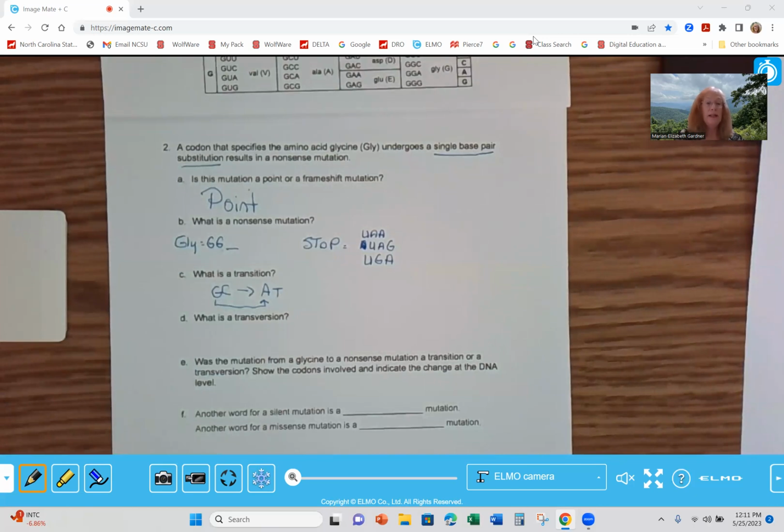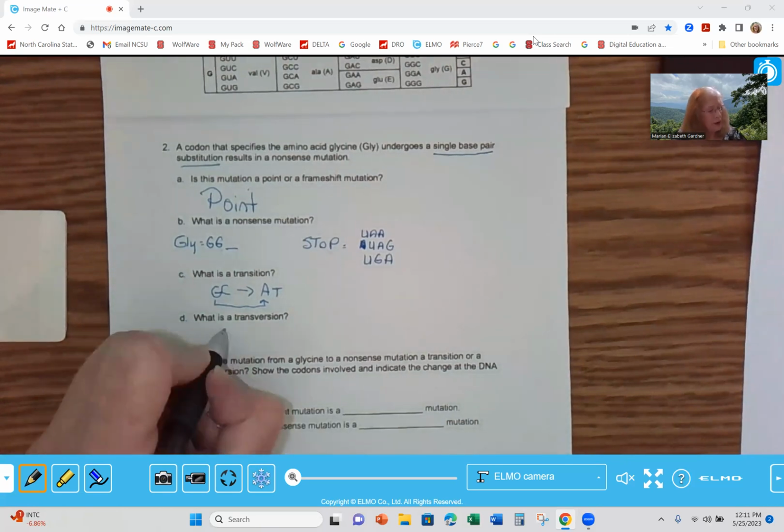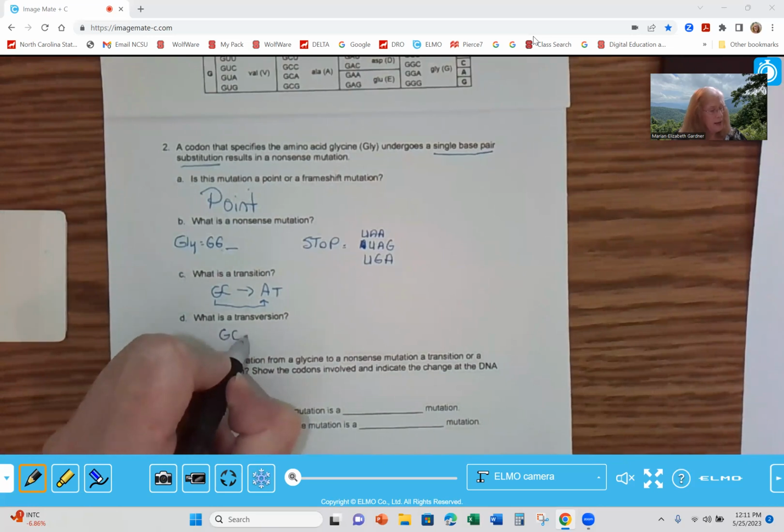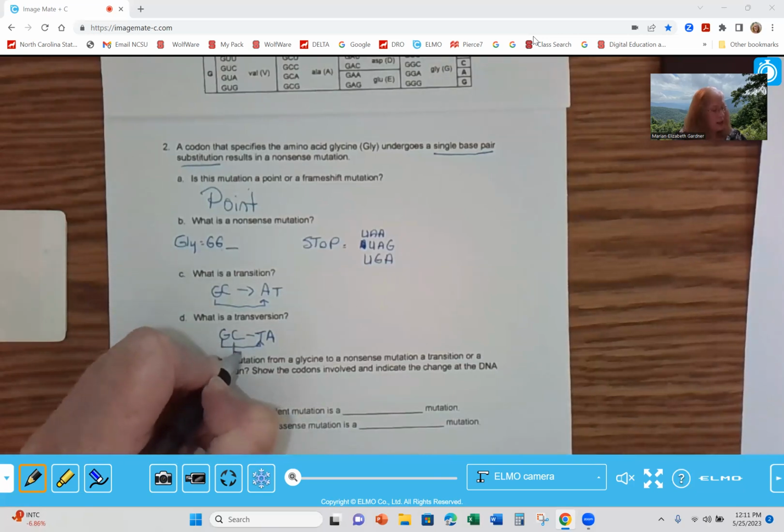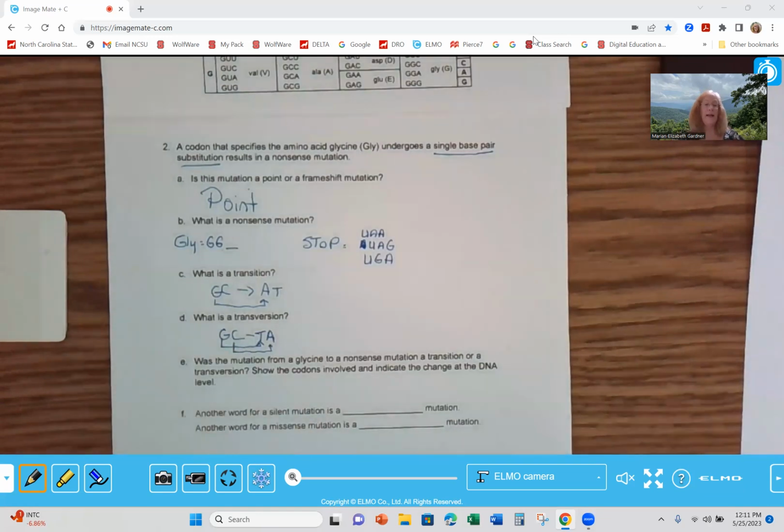That would be a transition. Or we could have, and that's purine to purine, we could also have pyrimidine to pyrimidine. A transversion is going from one type of molecule to the other. So if we started off with a GC base pair, going to something that was a TA, so the guanine changed to the pyrimidine thymine, and the cytosine changed to the purine adenine.